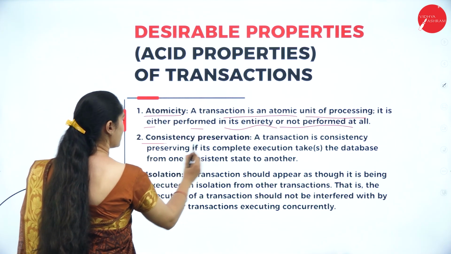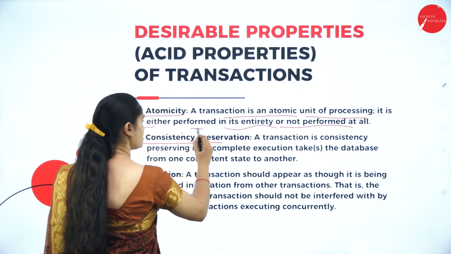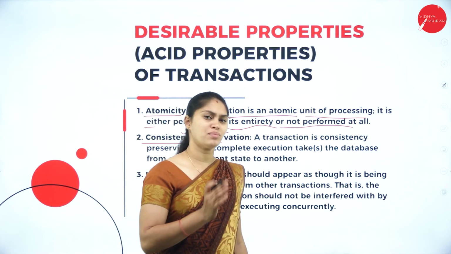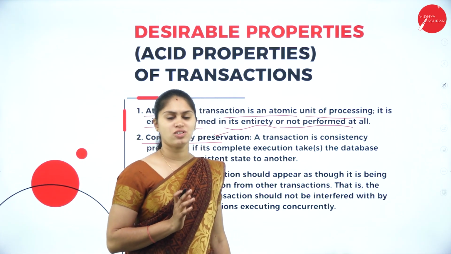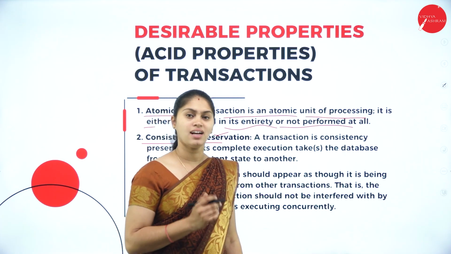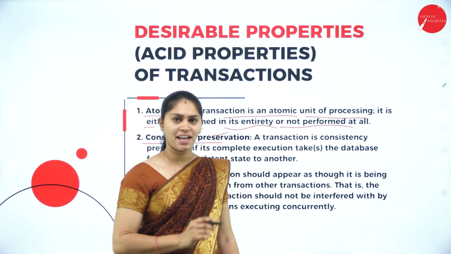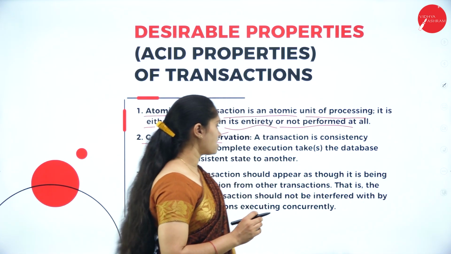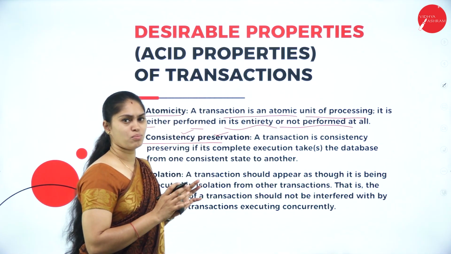Then what is the second property here? That is consistency preservation. Whenever we are doing some transaction, if something goes wrong, it has to roll back to the previous consistent state. And whenever we are reaching the next step of a transaction, there also we should maintain some consistency. That plays a very important role.